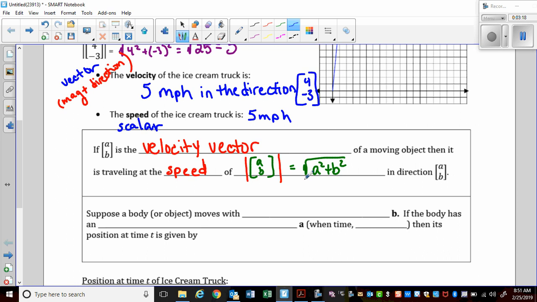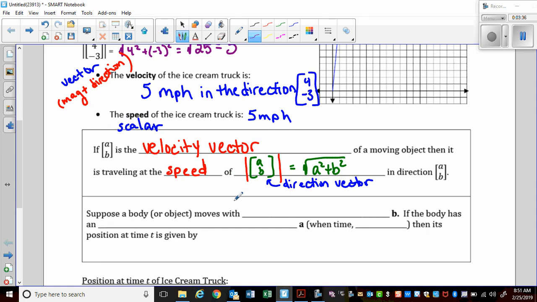So this is my direction vector, and we're just finding the magnitude of it.